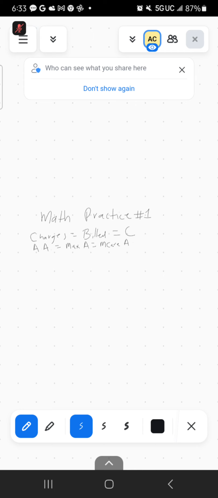Then we're gonna have a word that we already know, deductible. And a deductible is a yearly amount. Yeah, that's so weird.